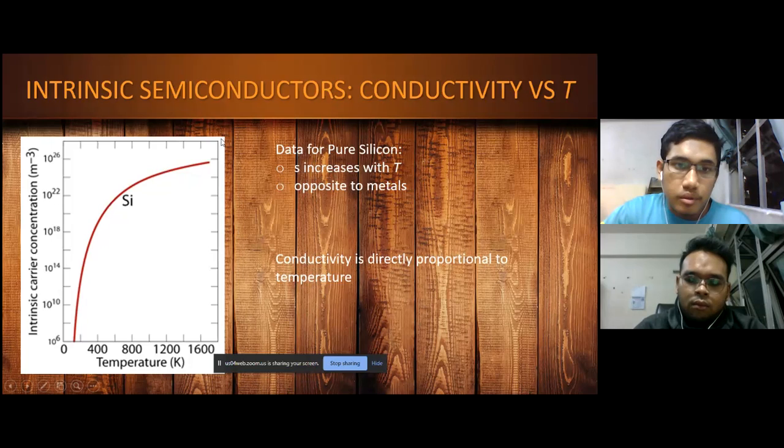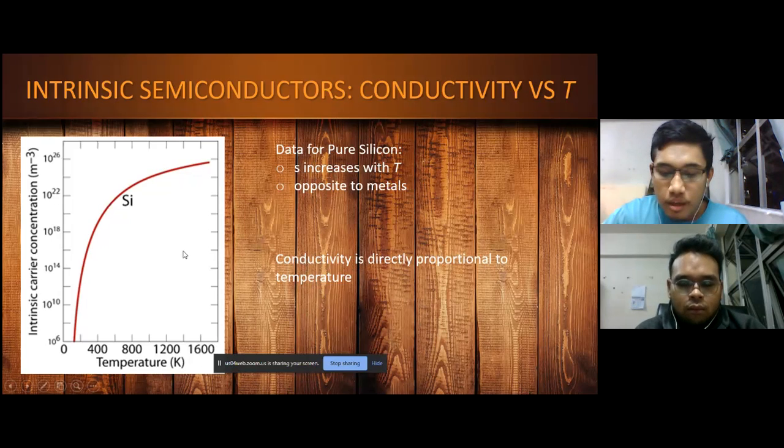So based on the graph, we can conclude that the conductivity is directly proportional to the temperature, which means when the temperature is high, it will achieve higher conductivity. This is because with the rising of temperature, more thermal energy is available to excite electrons from the valence band to the conduction band.